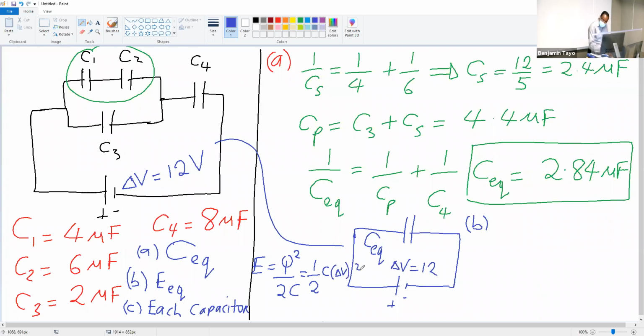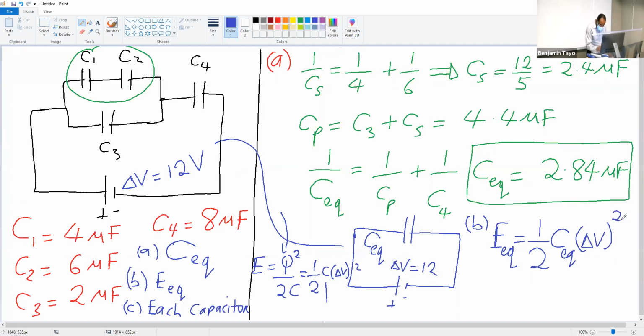I could use any of these equations. In this case, I don't know what the total charge is, but I know the C value, so I can just say that the energy is 1/2 C equivalent times delta V squared.